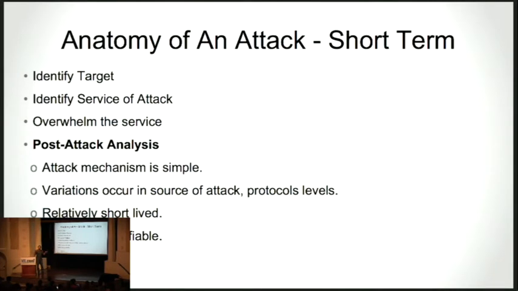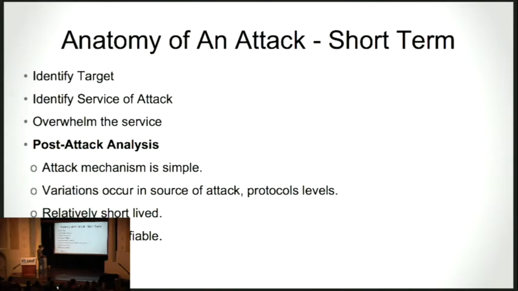There was no purpose. It was merely to slow down DNS services, and that was a big deal. So you identify a target, in this case your DNS servers across the world. You identify the kind of attack, in this case a denial of service attack, and then you overwhelm the service. That's about it. It's very straightforward.